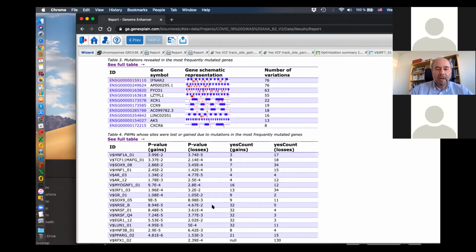Then we can count how many of those SNPs actually kill sites of a particular transcription factor, and we can estimate the p-value. For instance, if SOX9 sites were killed 34 times, it appears to be significant compared to random chance. So we can say that those SNPs prefer to kill SOX9 sites.